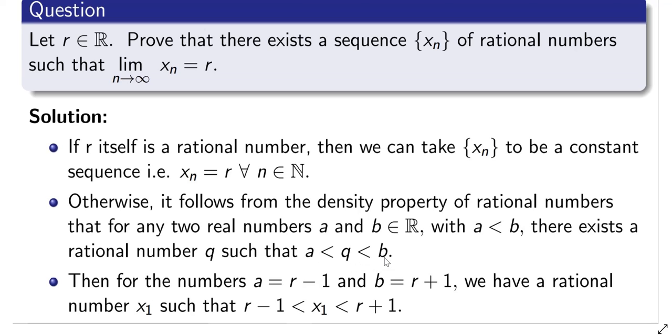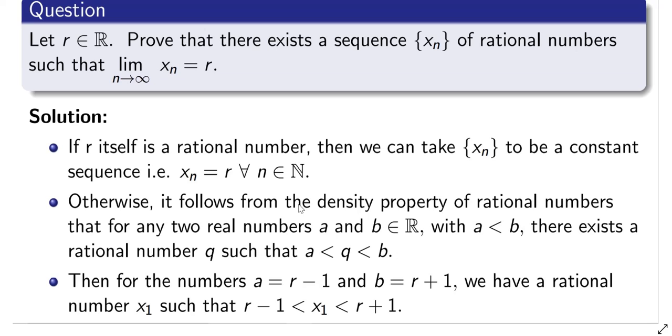That means if we take any two real numbers, there must exist a rational number between them. Another one is the Archimedean property, which we will use later. We assume that you know the proofs of these two theorems. If you don't know, you can ask in the comments, or we will upload another video for these two theorems.